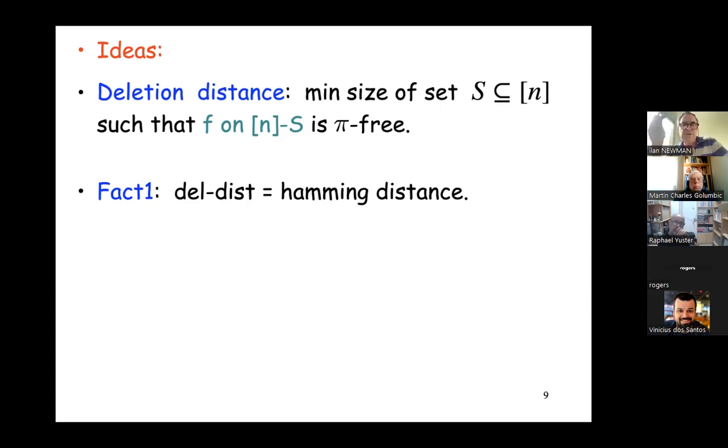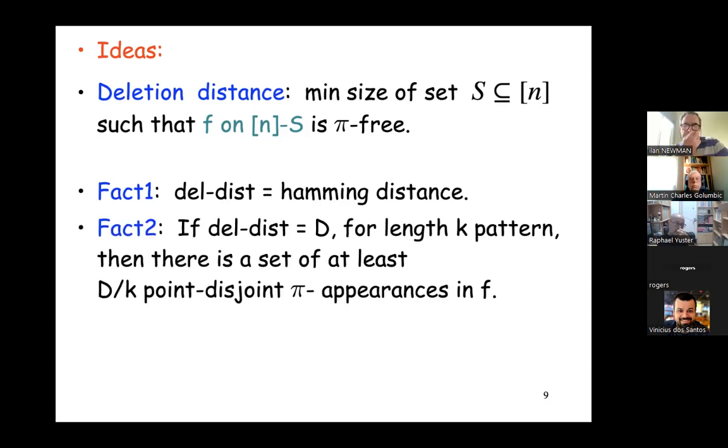I mean, for this specific property of being pi free, if you have a set and the function is pi free on the complement of the set, then you can always change the values of the function in the specific set to make the function pi free in the whole domain. Okay, so that's an easy observation, but it's quite important.